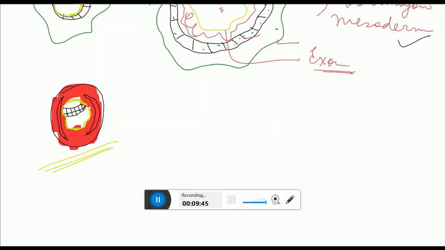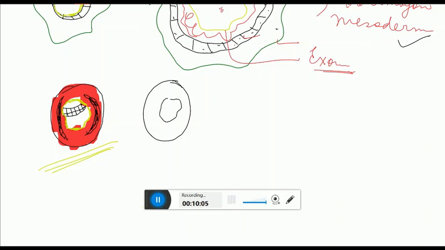See, this kind of cavity will start developing in these mesodermal cells. So now how will it look? This was our trophoblast, that is extraembryonic ectoderm.